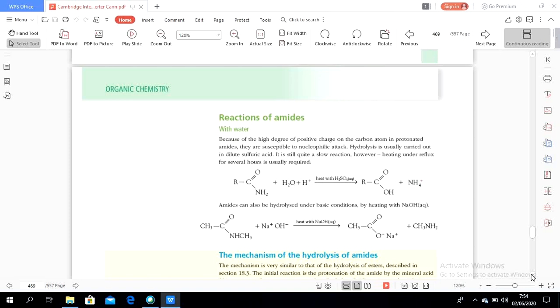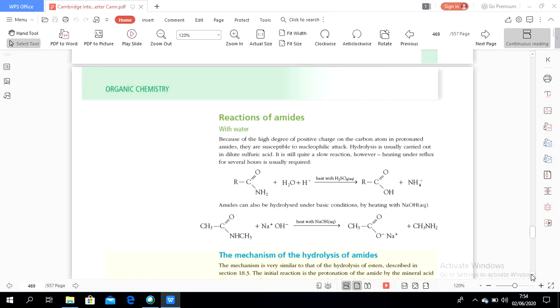And then next, amides can also be hydrolyzed under basic condition, heating with aqueous sodium hydroxide. We note that hydrolysis means cutting. So there are two different reagents to hydrolyze an amide, meaning reaction of amides with water.